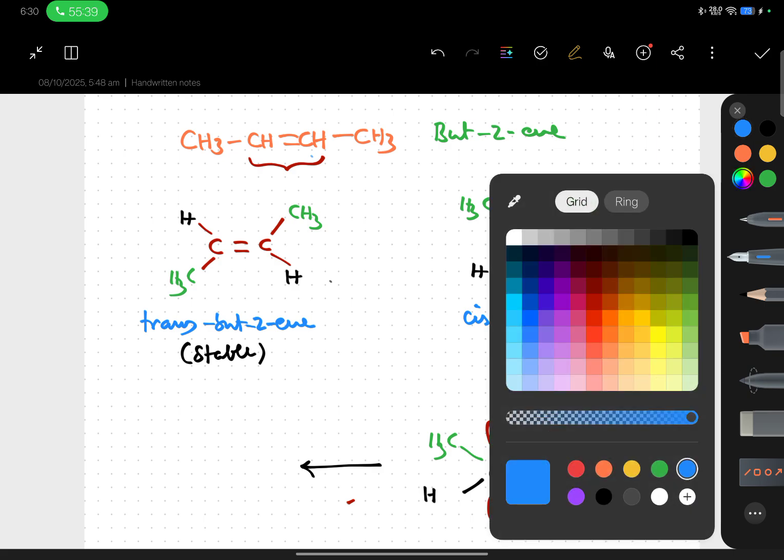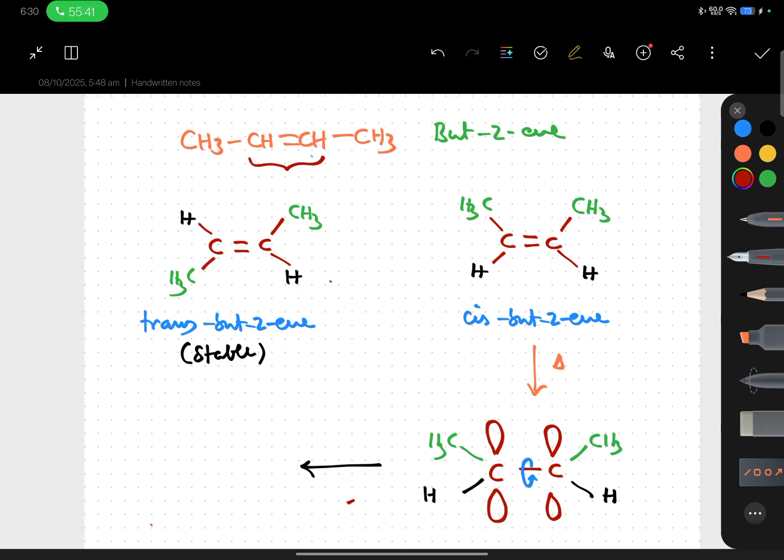So when the bond rotates, what will happen? It becomes a C single bond C, and the pi cloud will be there as such.